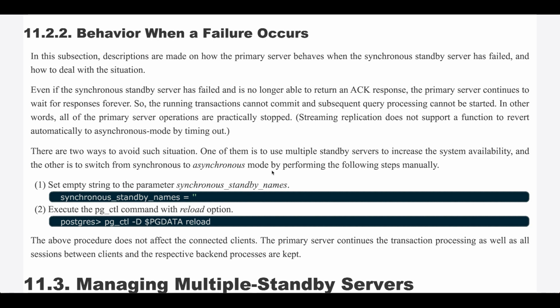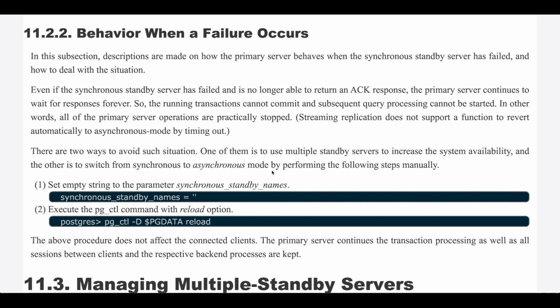11.2.2 Behavior when a failure occurs. In this subsection, descriptions are made on how the primary server behaves when the synchronous standby server has failed, and how to deal with this situation.